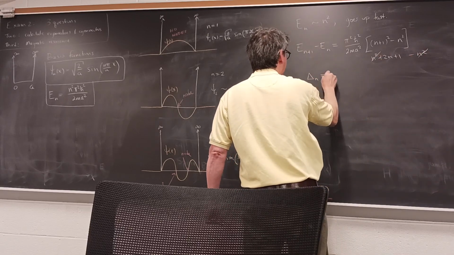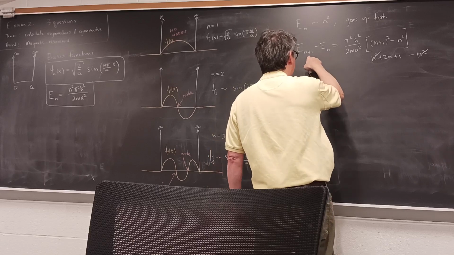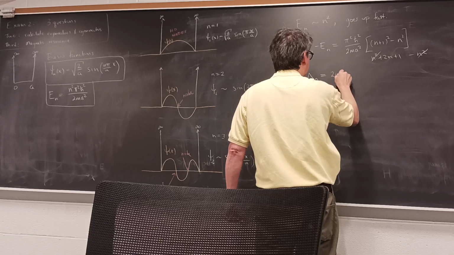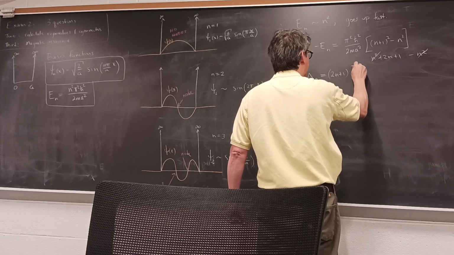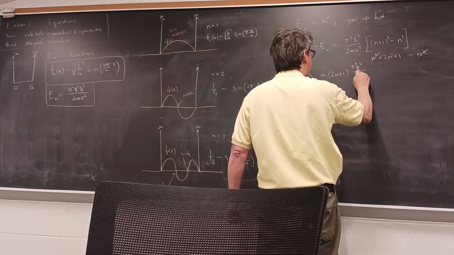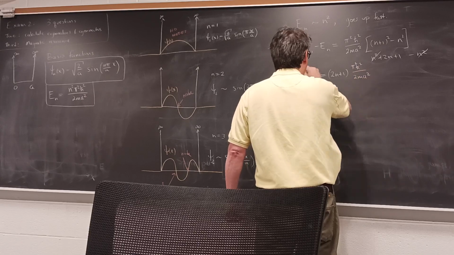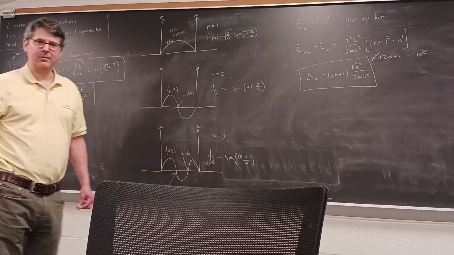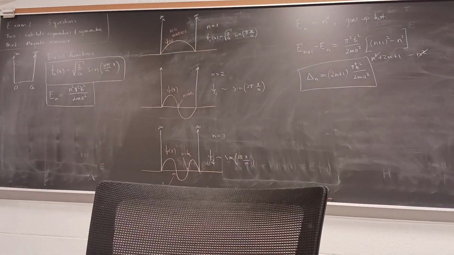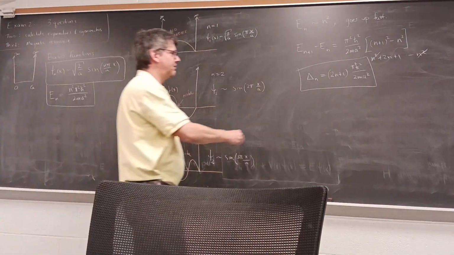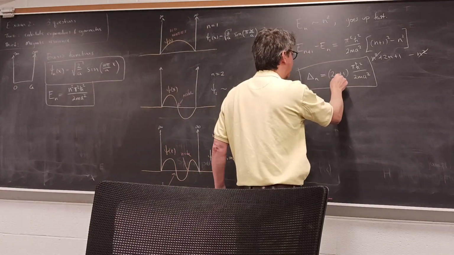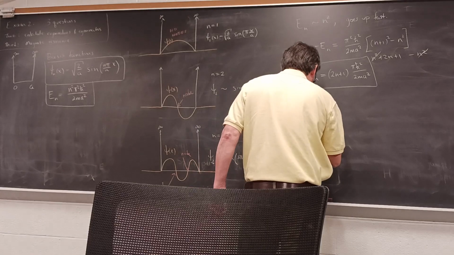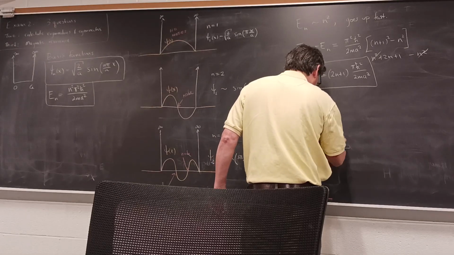So the difference between E sub n plus 1 and E sub n is 2n plus 1 times the prefactor. So 2n plus 1 increases rapidly with n, so the energy levels get further and further apart.